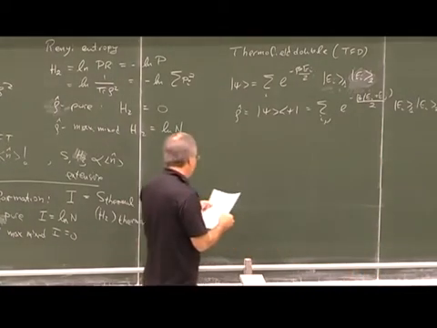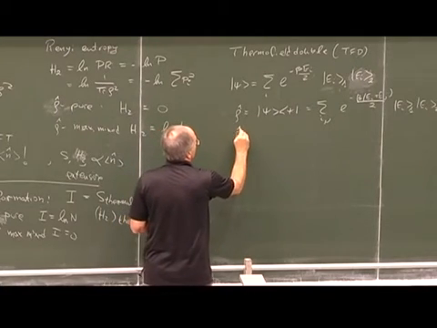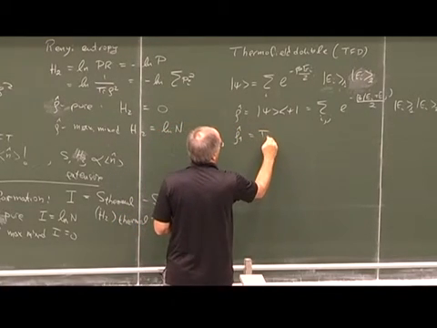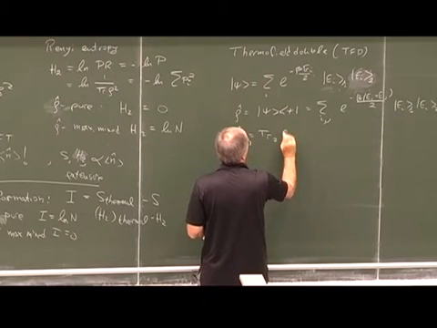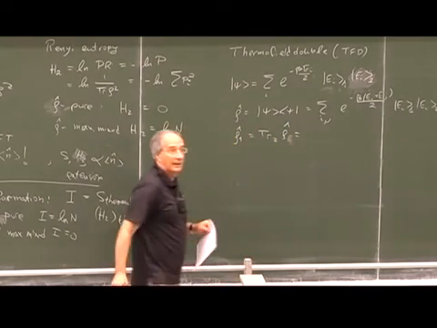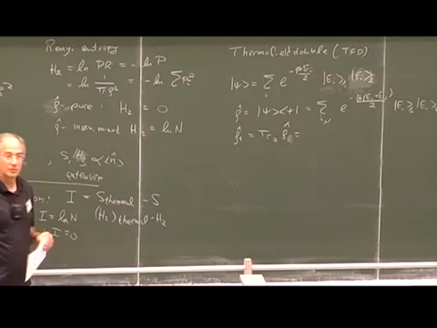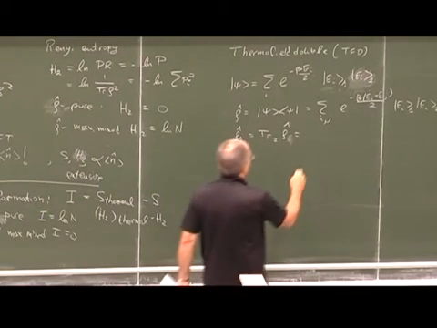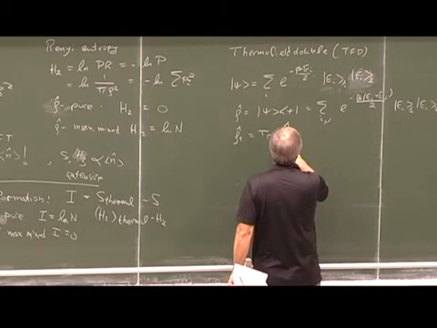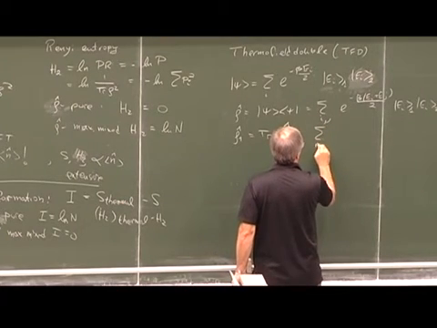And now, if we compute the reduced density matrix rho 1, we need to do this trace, so we already know how to do it.